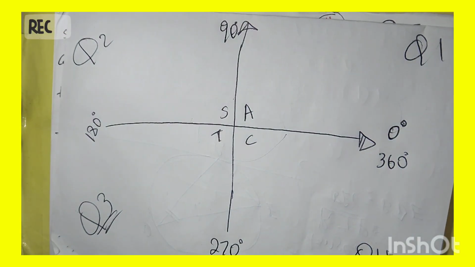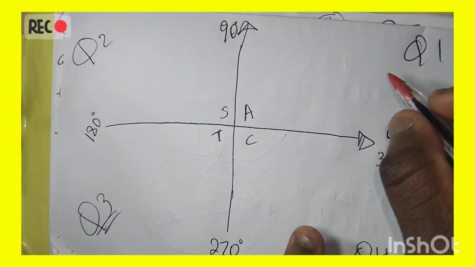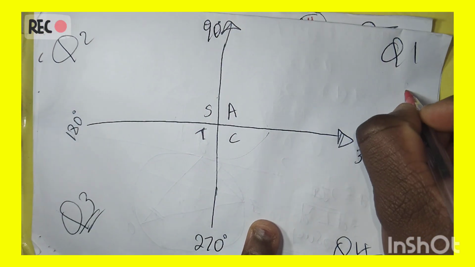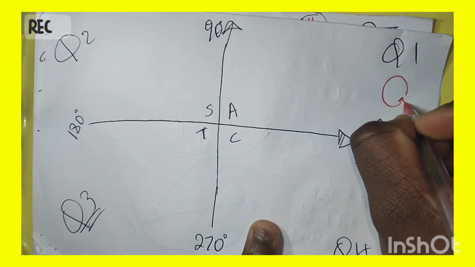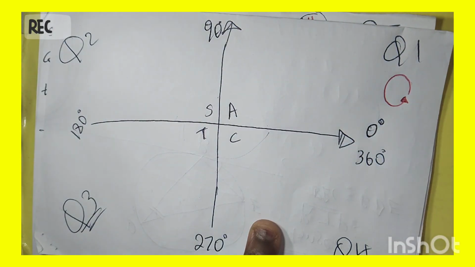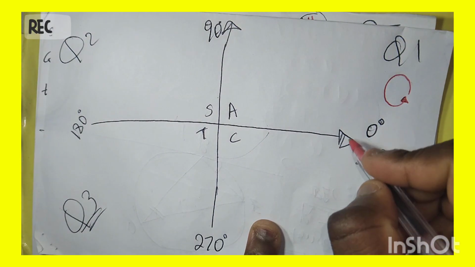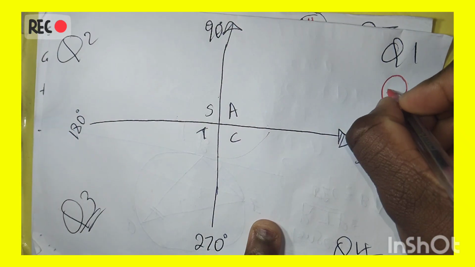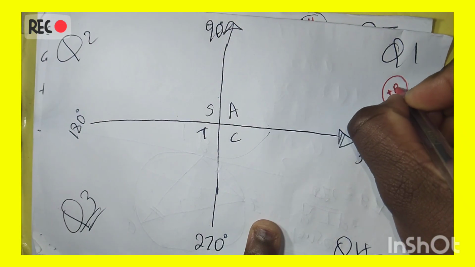Now what I need you to understand before I proceed is this. If I'm moving in this direction, that direction is anti-clockwise. That is a positive angle, and we use theta.